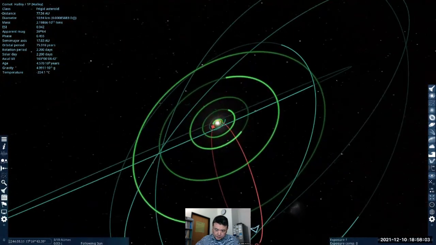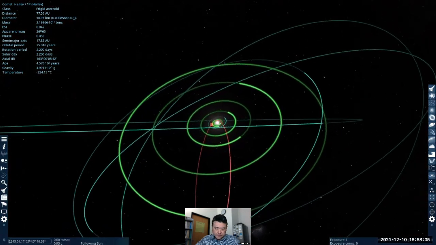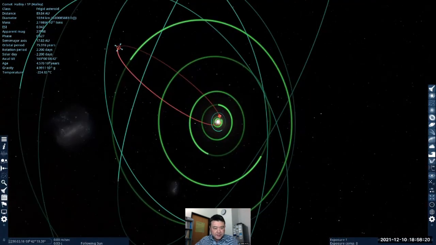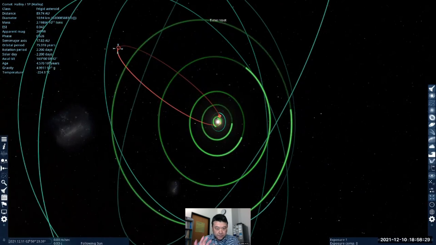So let's see what view is the... I think this is a decent enough view to see the orbit of Halley's Comet. I'm going to reset the time to our current time. So Halley's Comet last appeared in the 80s. So right now it's very far from the sun.